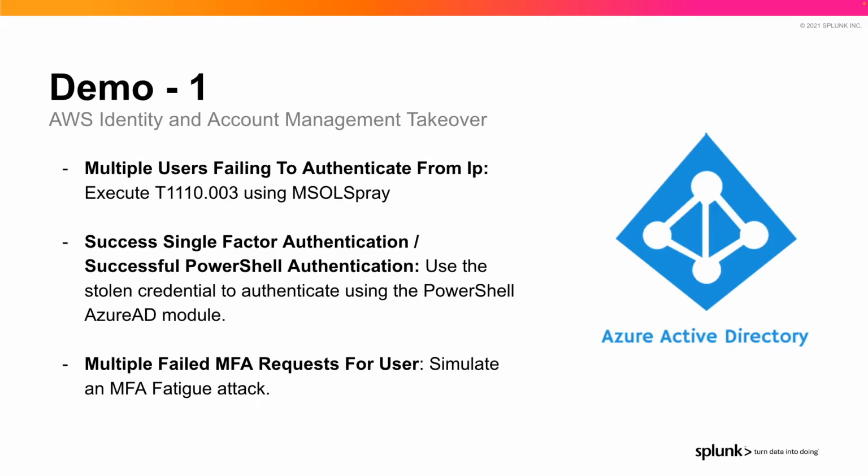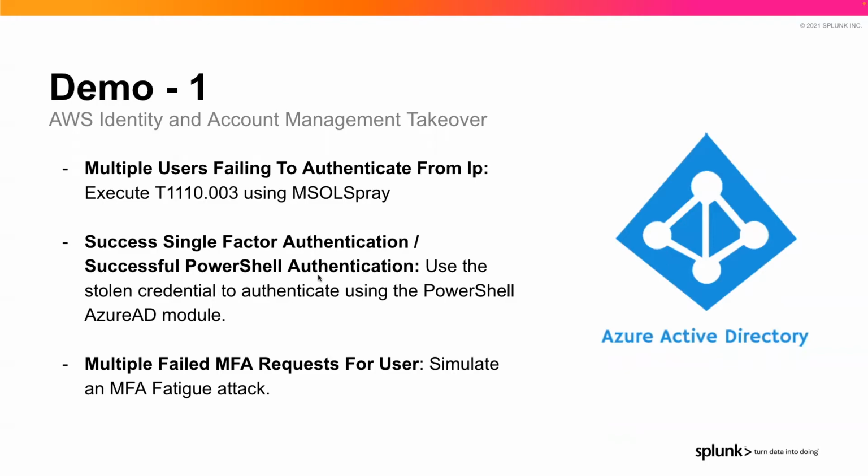So it's interesting for a security team to detect when an account has successfully logged in using only one factor. That could be a misconfiguration, that could be a policy violation, or that could be an attacker that has disabled MFA.